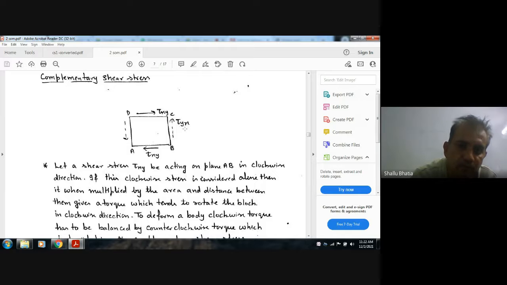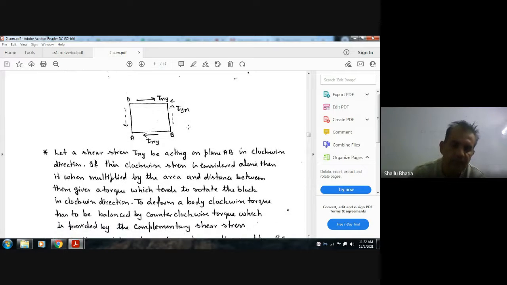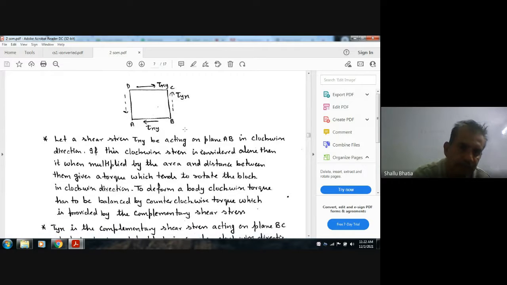So this tau yx is called complementary shear stress. I can read it out for you. Let a shear stress tau xy be acting on a plane AB in clockwise direction.